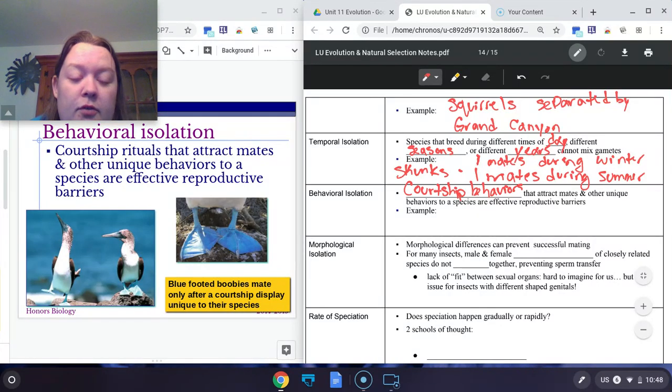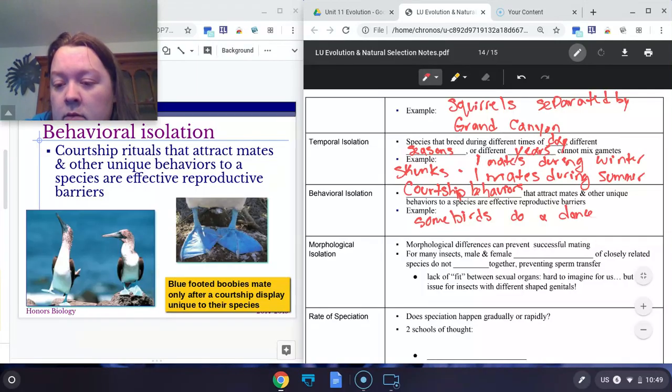One example we have on our screen here is that of blue-footed boobies, and they have to mate only after they do some type of courtship display or dance. So let's say some birds do a dance to attract a mate.